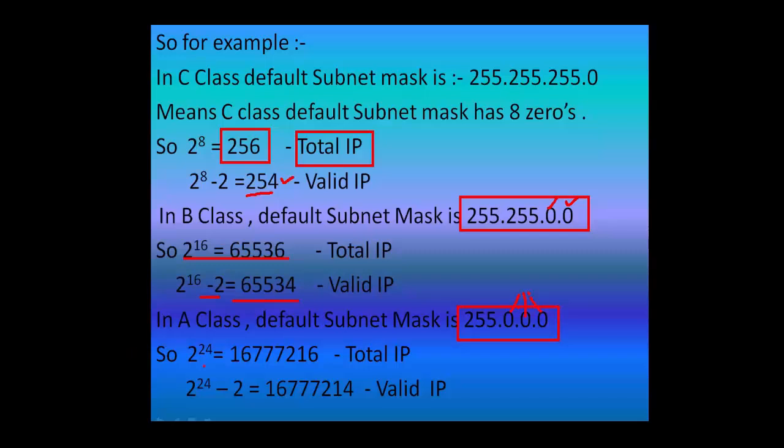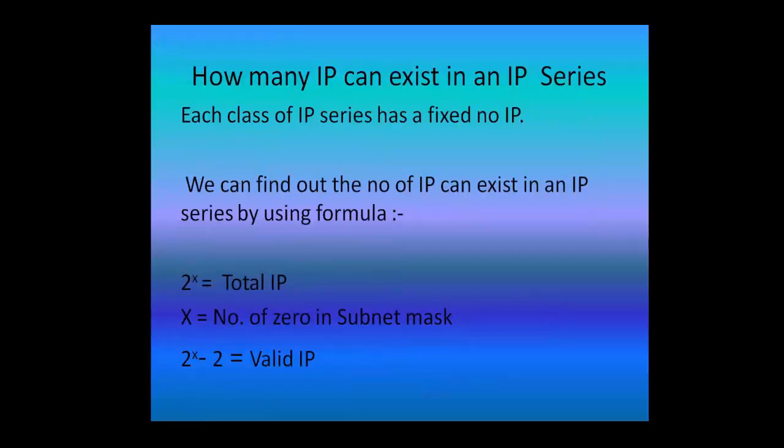So 2 raised to power 24, I think it's going to be billions. 16 million, 777 thousand, 216 total IPs, but minus 2 is the valid IP. So a big network we can create, but the problem here is one network ID and one broadcast IP for millions of devices. Always keep in mind this formula when we have to calculate how many devices we can connect in an IP series.